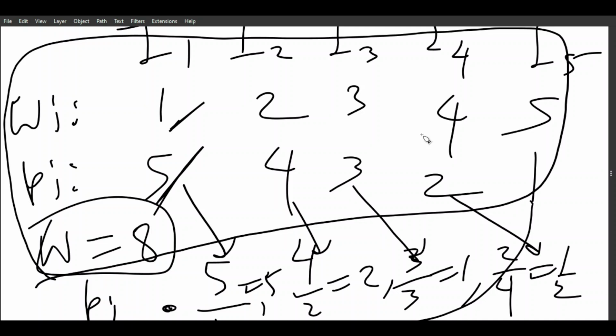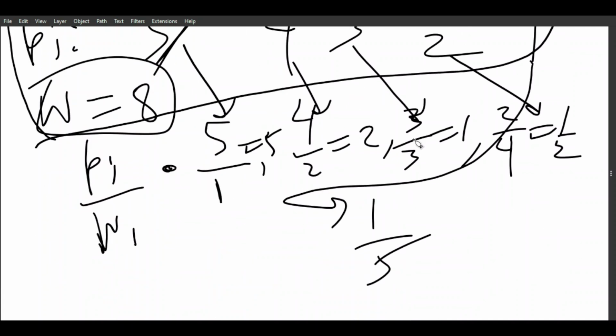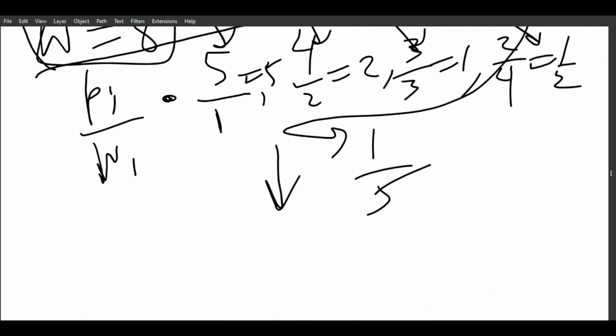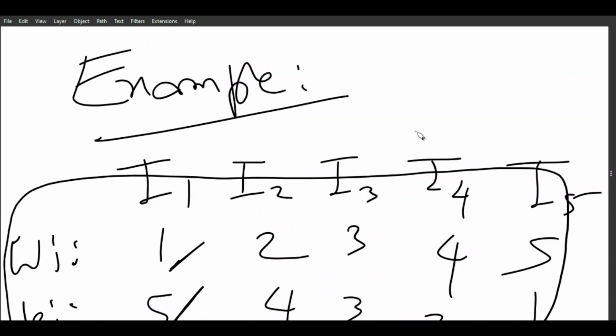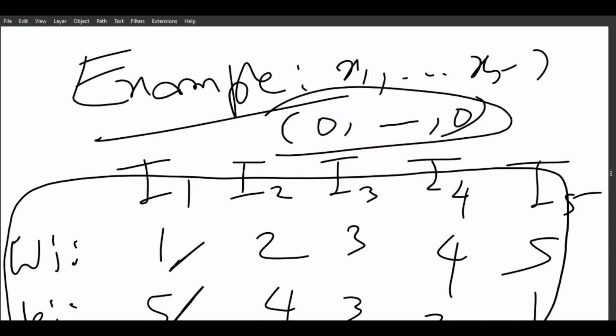Now once we take the first item, the problem becomes smaller. In the solution format, x1 up to x5, initially we have not chosen anything, all 0. This is our initial partial solution.